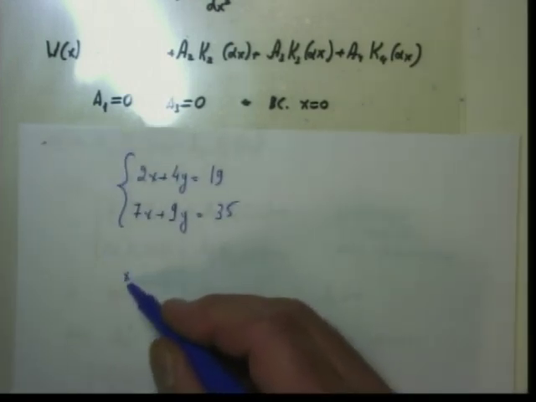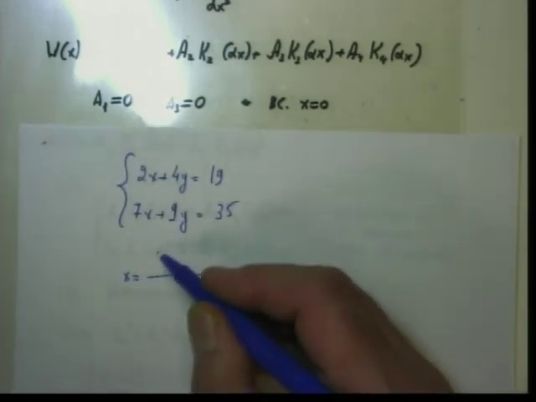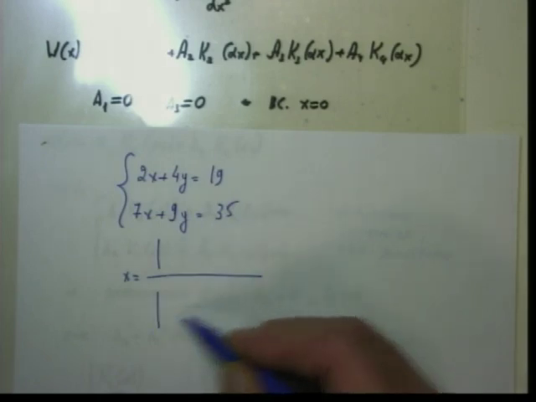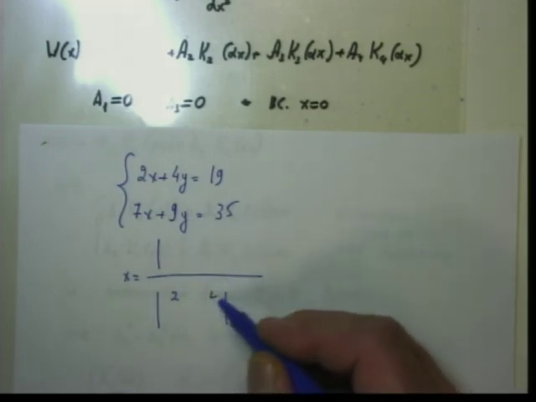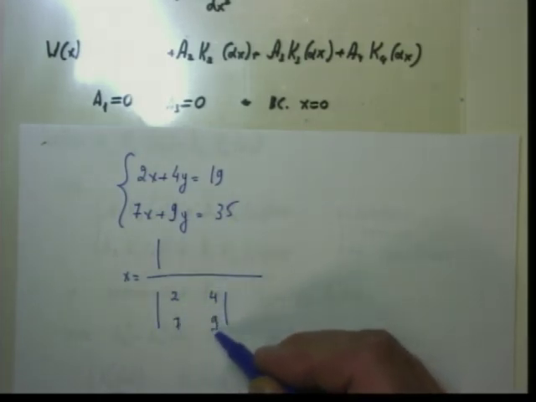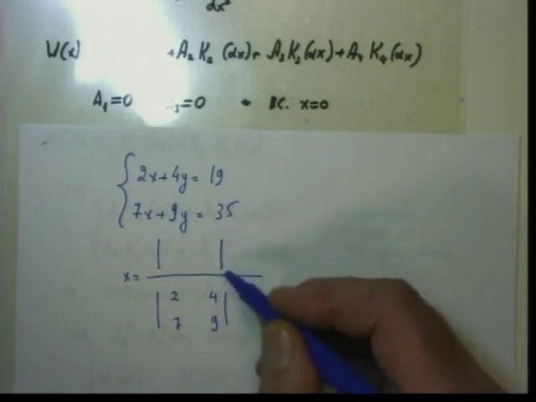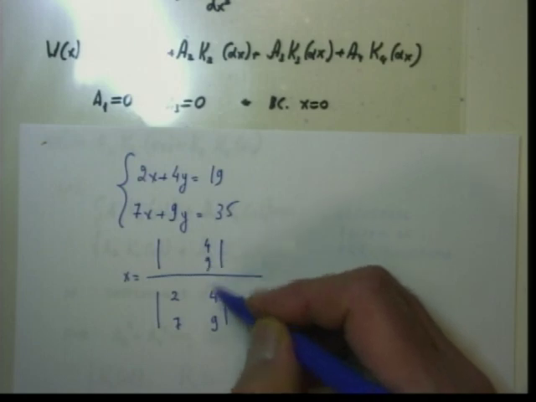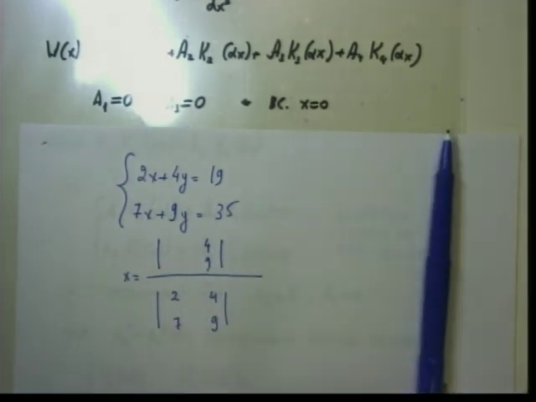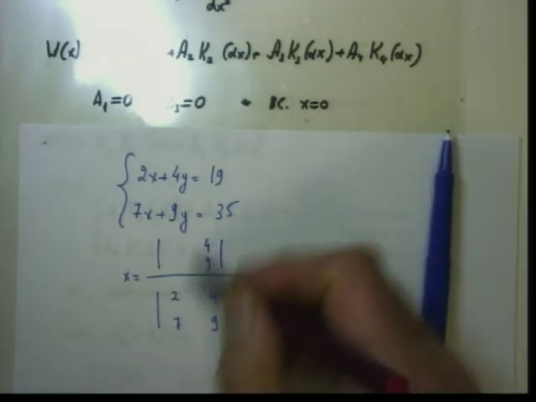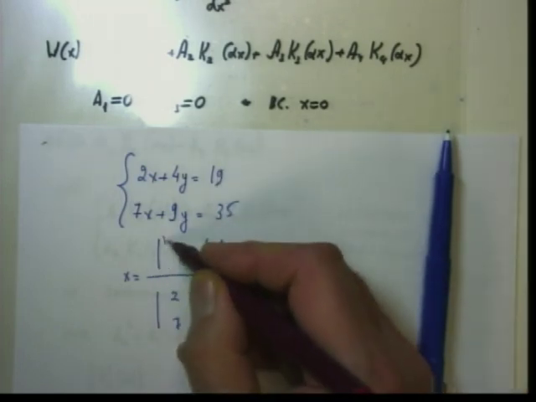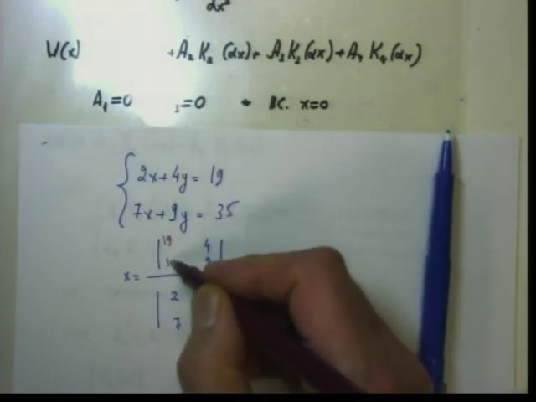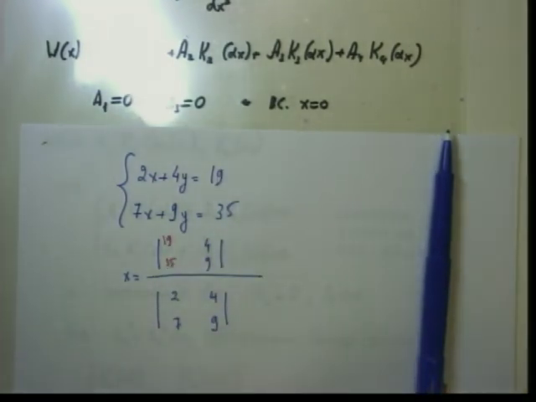So we know how to find x. X equals a determinant, 2, 4, 7, 9 in the denominator. In the numerator I write 4, 9, the same, but instead of the first column I write the column of these free terms.